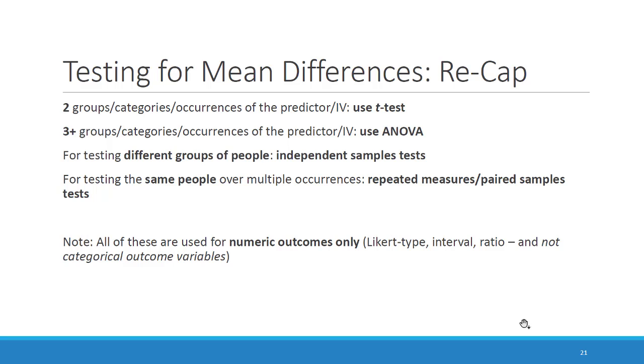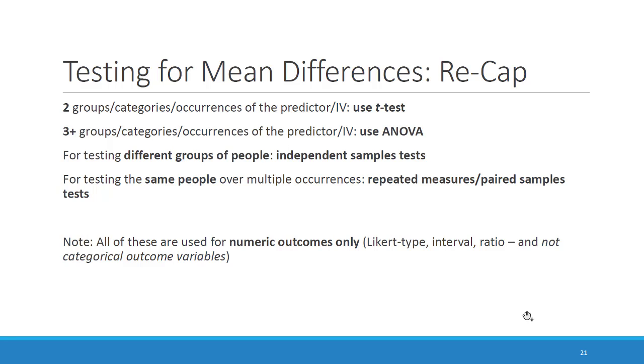For testing different groups of people, you're using independent samples tests. For testing the same people over multiple occurrences, you're using repeated measures, also known as paired samples tests. And just as a note, all of these are for numeric outcomes only, quantitative. So for instance, Likert type, interval or ratio type outcomes, and not for outcomes that are categorical.